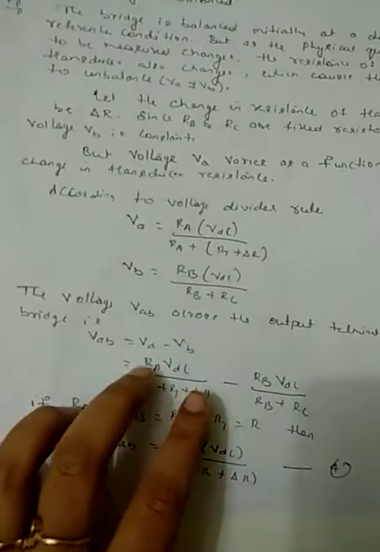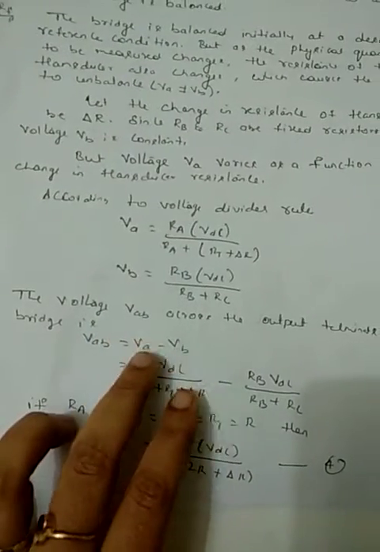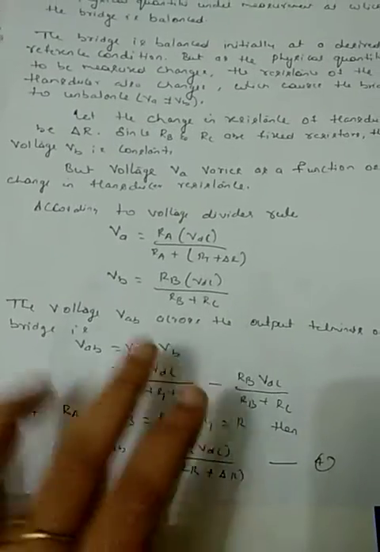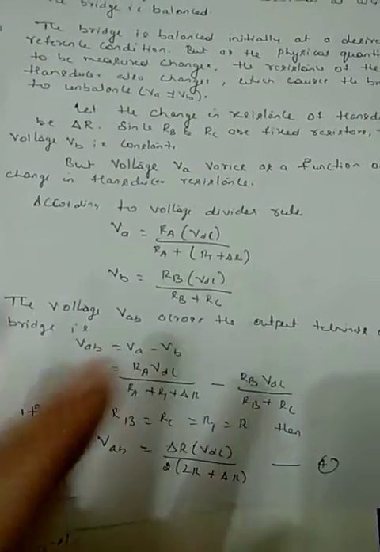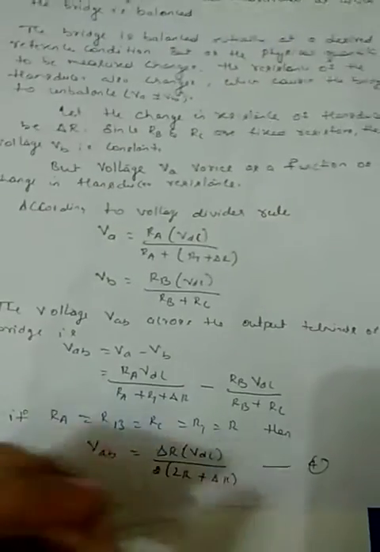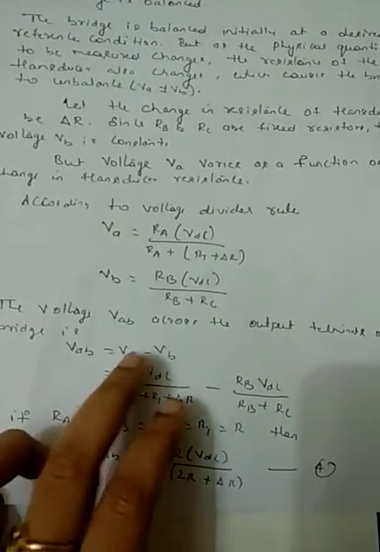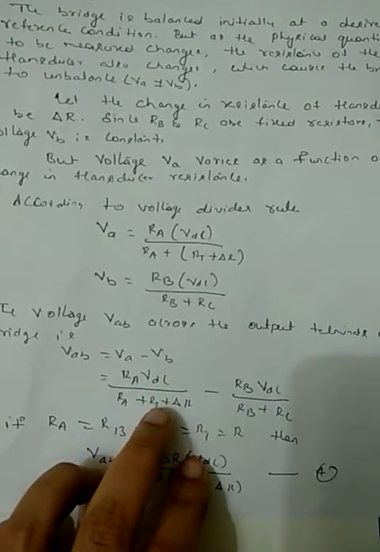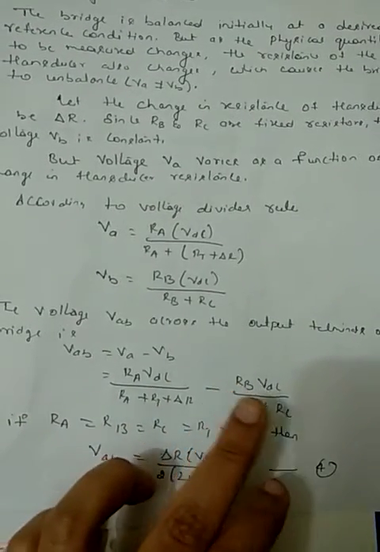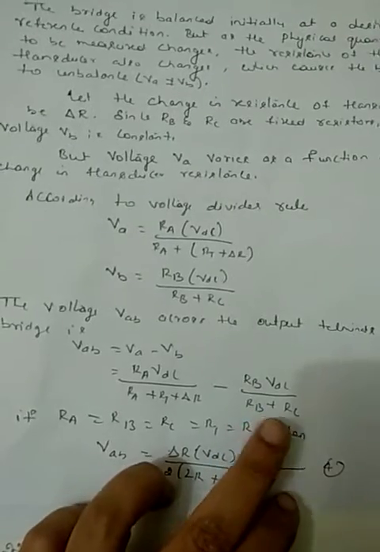Under balanced condition VA is equal to VB. Under unbalanced condition there will be a difference in VA and VB. What is the difference, we'll see now: RA into VDC divided by RA plus RT plus delta R minus RB into VDC divided by RB plus RC.